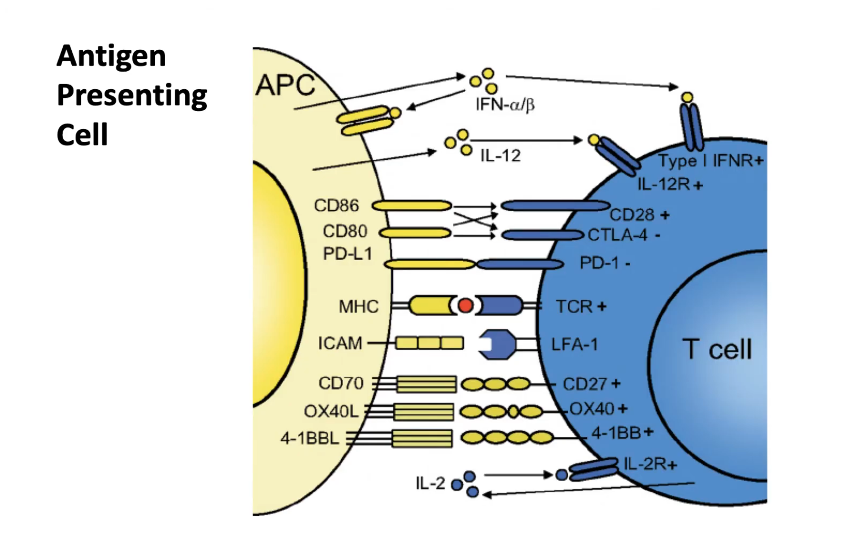However, it's not that simple. So here's the T cell receptor here, the antigen in the middle in red, and the MHC receptor here. But there are other receptors that have to link up in order to have that APC, the antigen presenting cell, stimulate the T cell. So it's very specific. Here you have an interferon, which is not only picked up by the T cell, and then that causes signal transduction to increase transcription in the T cell nucleus.